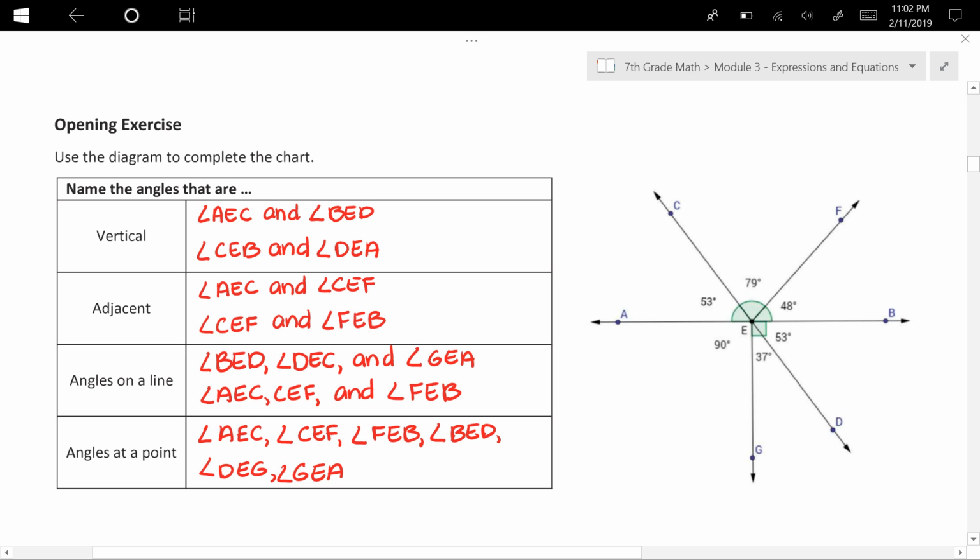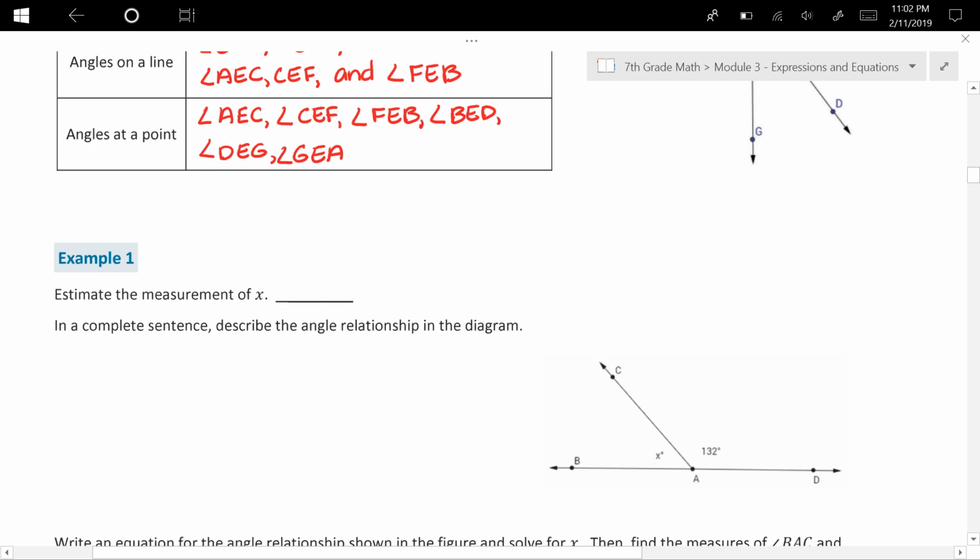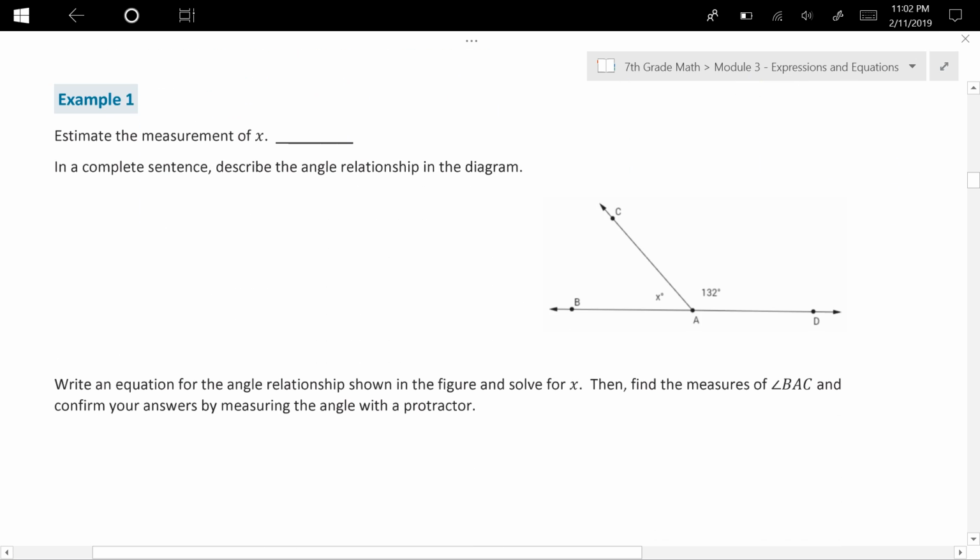All right. So let's go ahead and move on down here to example 1. Take a second here to estimate what you think the measurement of that angle x would be. This is not precise, this is just a guess. So when I'm going to make an estimate, I know that the line is 180 degrees.